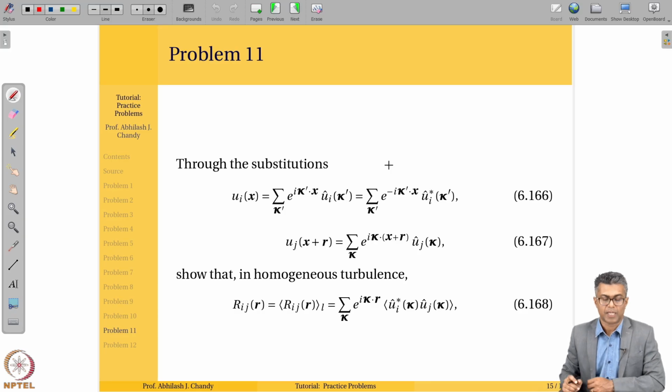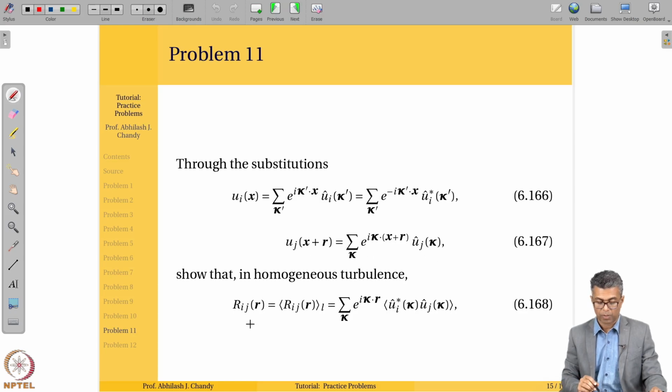Okay, through the substitutions, u_i of x equals the summation of e to the minus i kappa prime dot x u hat_i of kappa prime, which is equal to the summation over kappa prime of e to the minus i kappa prime dot x u_i star, which is the conjugate, by the way, of kappa prime, and u_j of x plus r is the summation over kappa of e to the i kappa dot x plus r u hat_j of kappa.